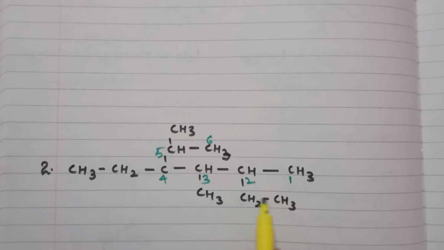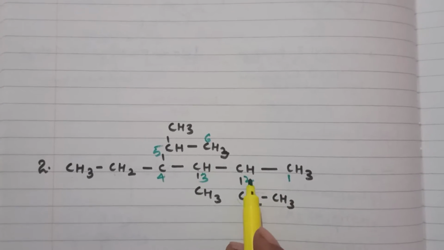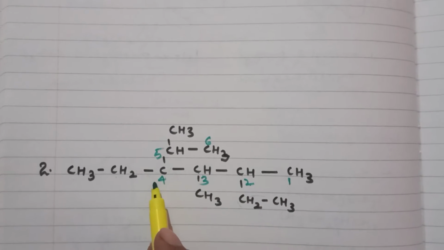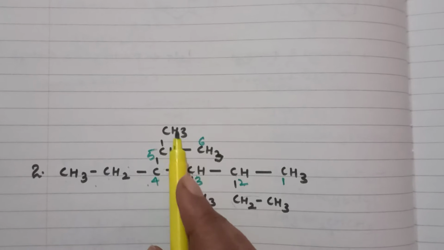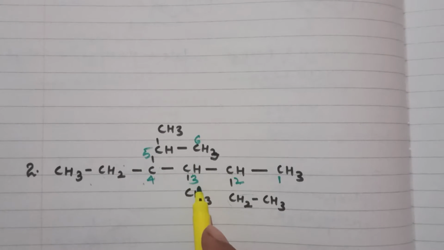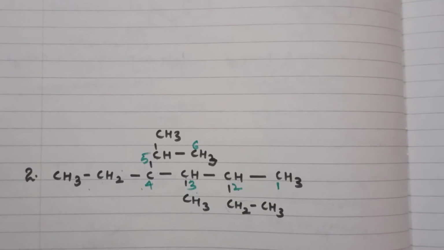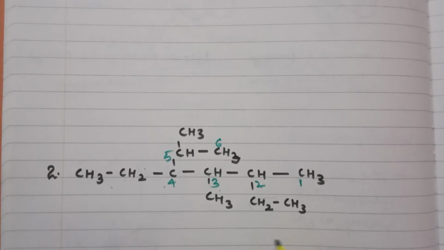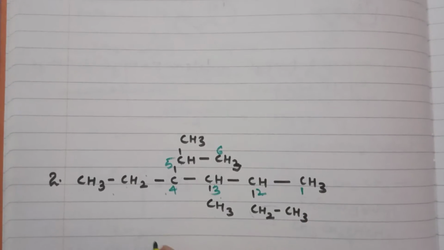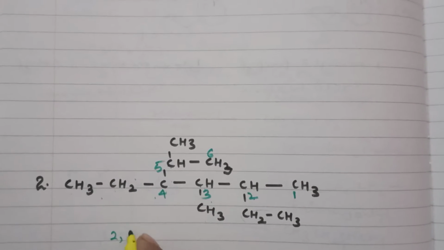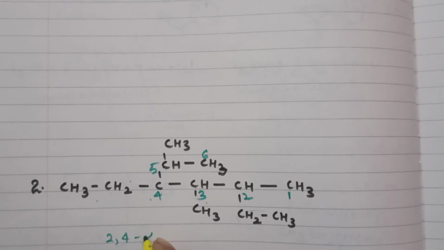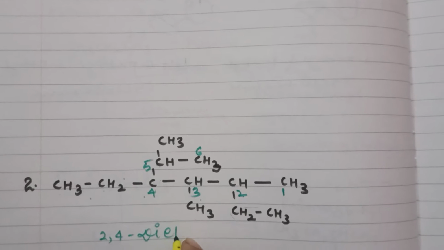Two ethyl groups are present at carbon number 2 and carbon number 4, and 2 methyl groups are present at carbon number 3 and carbon number 5. E comes first in alphabetical order. So how will I write? 2, 4-diethyl.